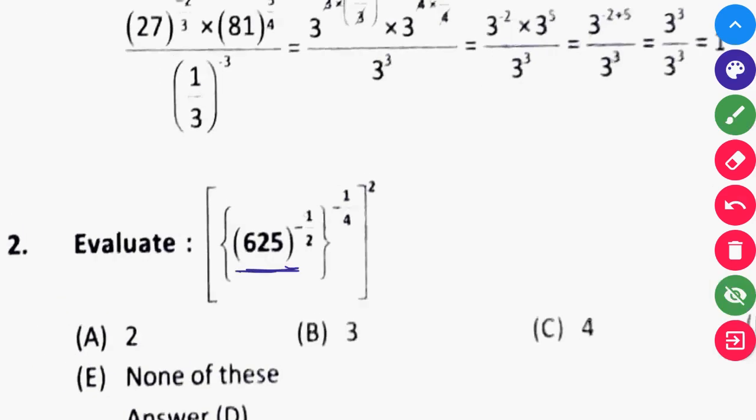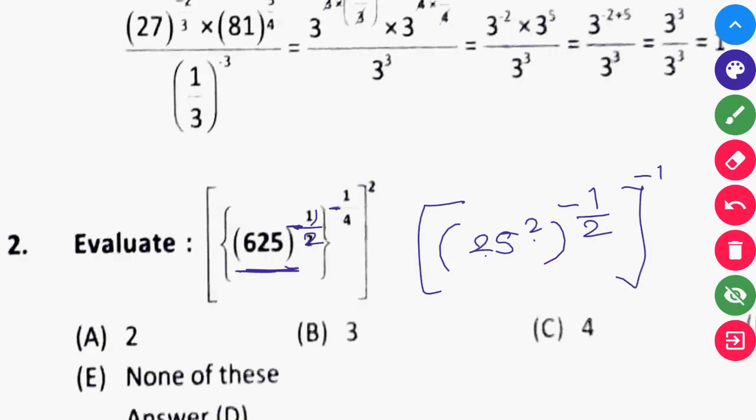Now see, 625 raised to minus 1 upon 2, raised to minus 1 upon 4, raised to 2. Now 625, whose square is 625? So 25's square is 625. So it is 25 raised to minus 2, raised to minus 1 half, raised to minus 1 by 4, raised to minus 2. Now, if there is a power of a power, we just keep the base common and we multiply all the powers.